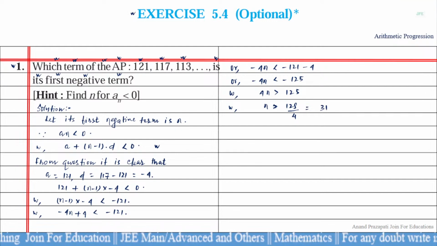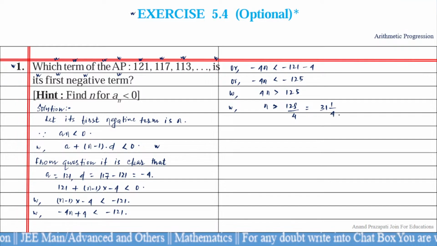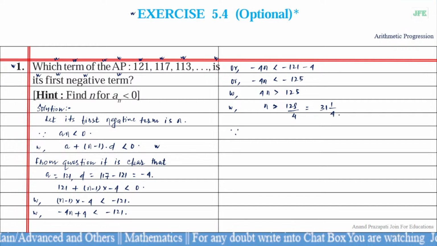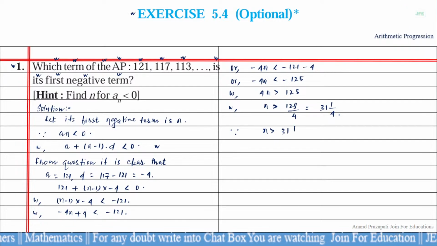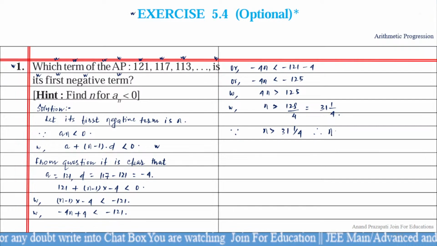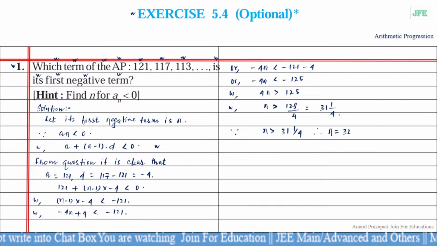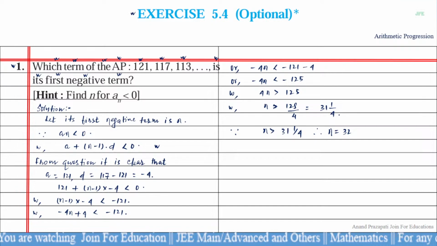Therefore n greater than 31 and 1 by 4, so we can write n equal to 32. So the 32nd term will be the first negative term of the given AP.